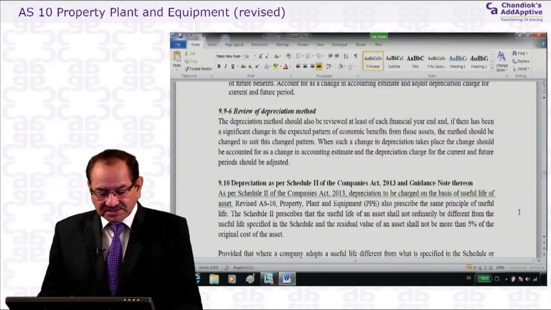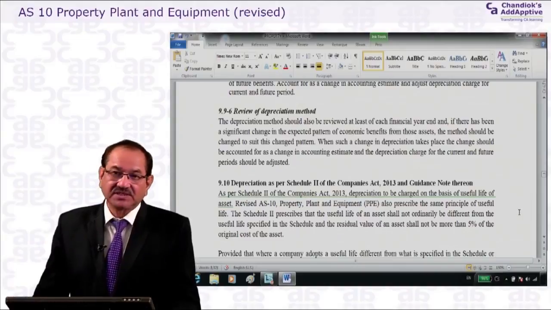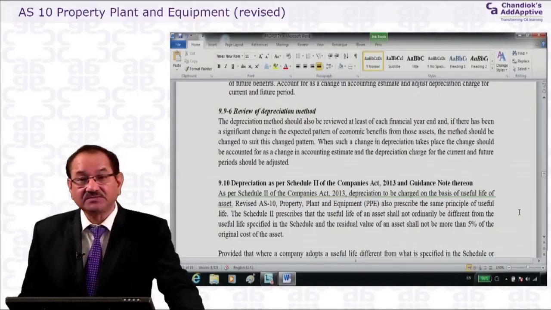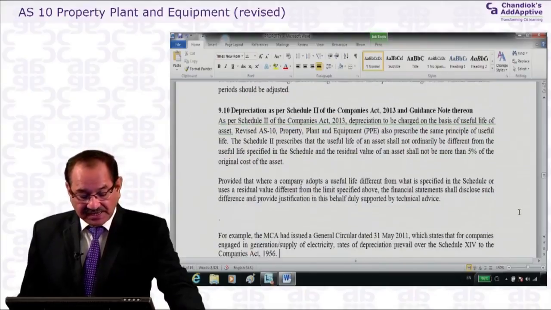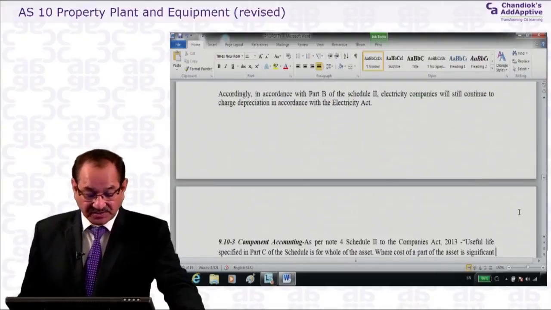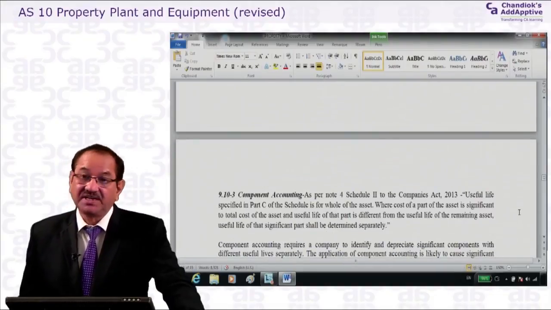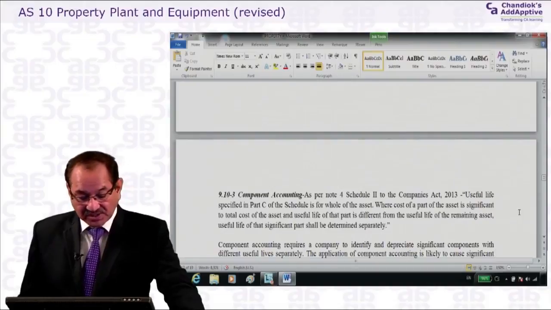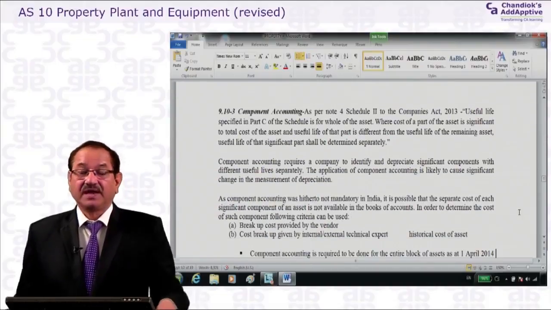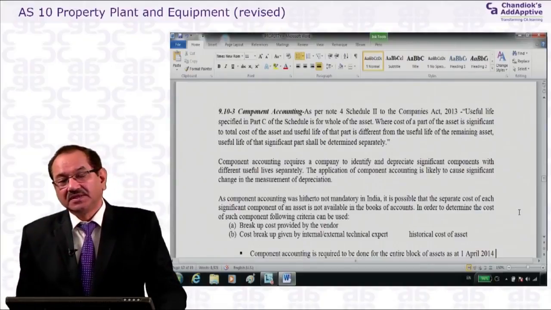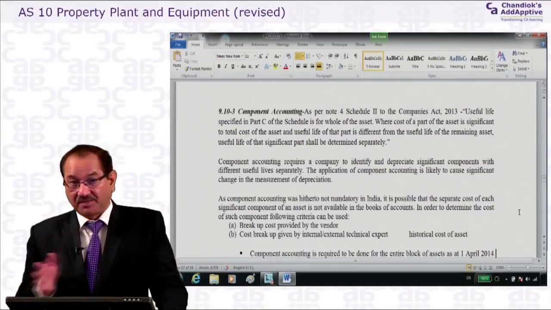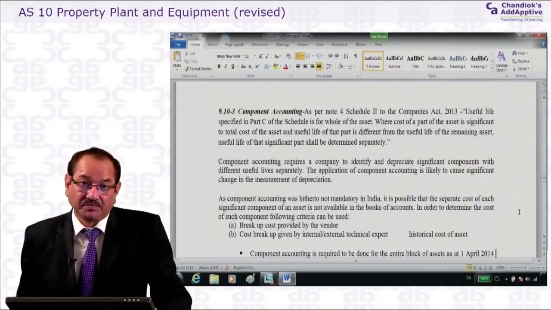Now, for the depreciation under Schedule 2 of the Companies Act 2013, please go through the guidance note. The Institute of Chartered Accountants published it, and it talks about how component-based accounting has to be done. It has given an example of buildings and what their components are. Component-based accounting is important, but it should not be confused to mean that every component has to be separately depreciated.